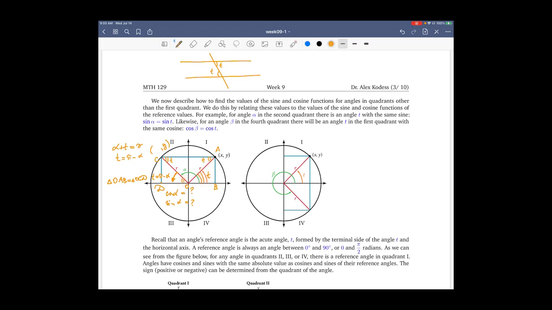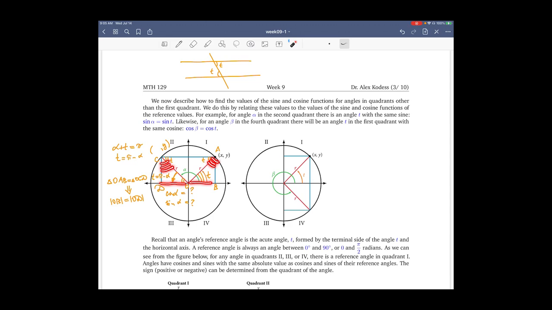From the equality of these two triangles, it follows immediately that the distance OB equals the distance OD. In these two equal right triangles, these sides lie against equal angles. This angle and this angle are equal.